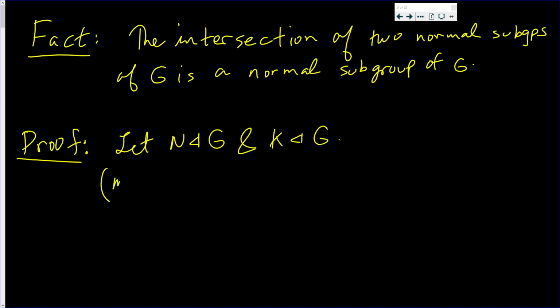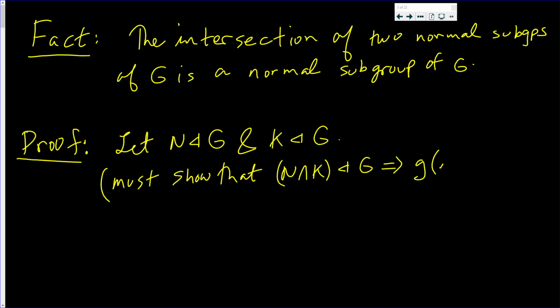So let's write that down. Must show that N intersect K is normal in G. That is, I need to show that g times N intersect K times g inverse is contained in N intersect K.